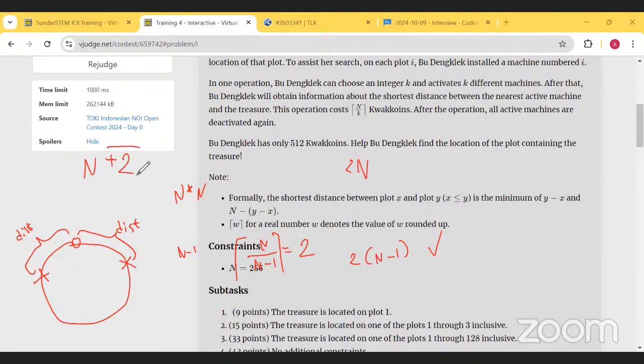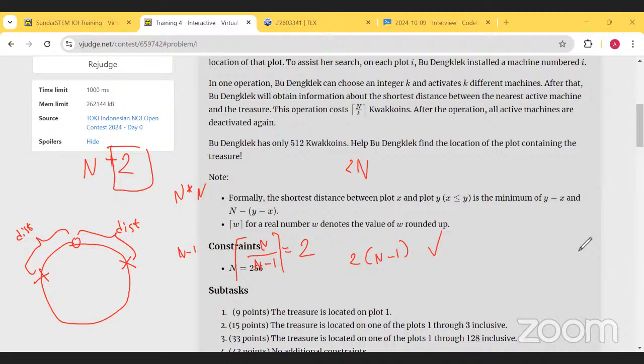To make sure of the answer in just 2 coins, so the total cost will be just n plus 2. Any idea? That's right. We can just combine Rafiullah's solution and Abdullah's solution. We can query all of the locations except one, and then the cost will be just 2.